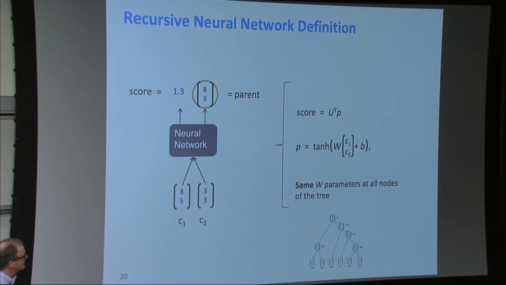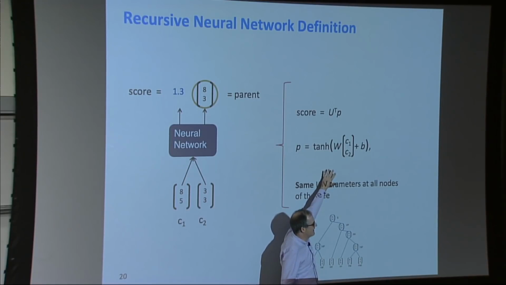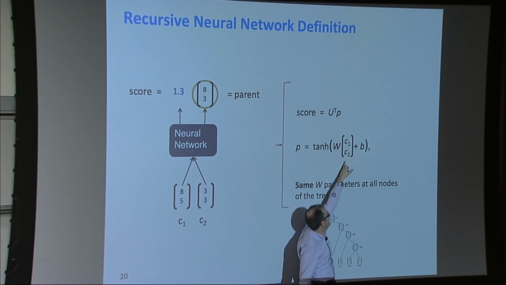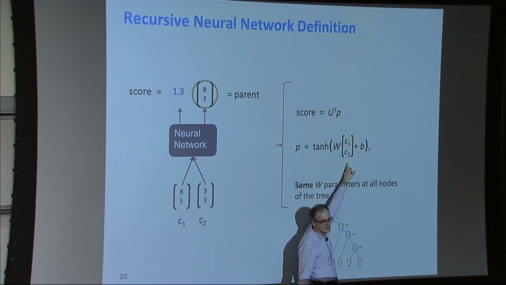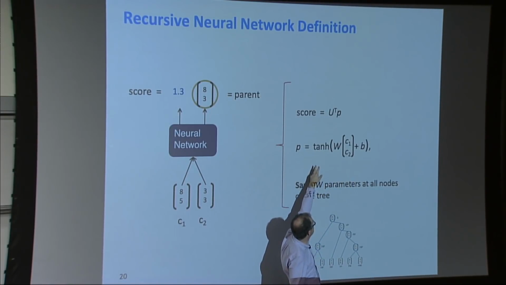And so this is the first model that we explored, which was doing this in a pretty simple way. Here was our meaning composition device: we concatenated the two vectors of the constituents, multiplied them by a matrix, added a bias as usual, and put it through a tanh.